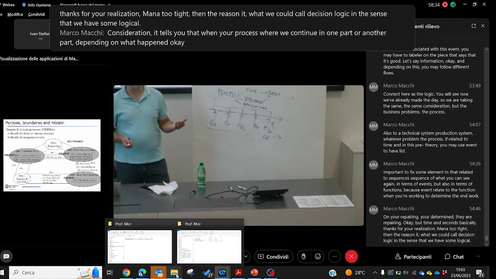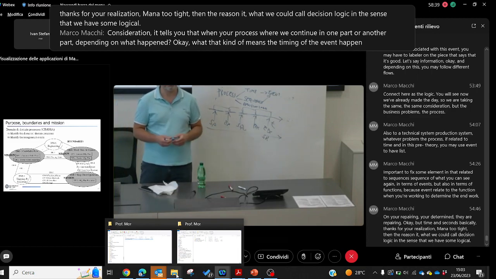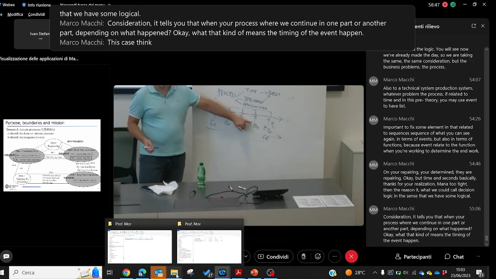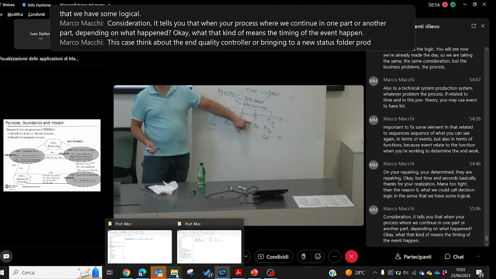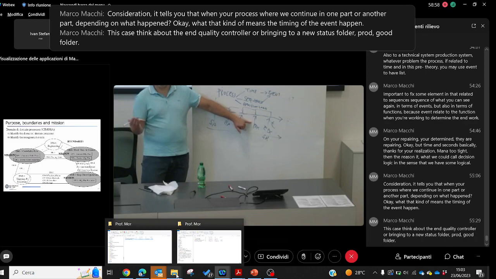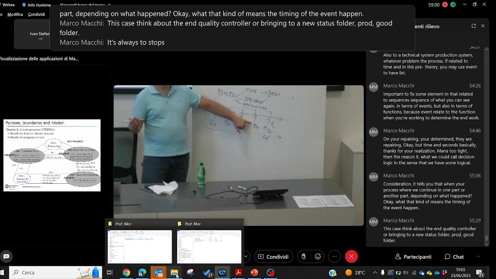What happened means depending on the fact that the event happened and brought to some new status. Can you follow this case? Think about the case, the end of quality control will bring the product to a new status, good or defective. An event relates always to status. Okay?